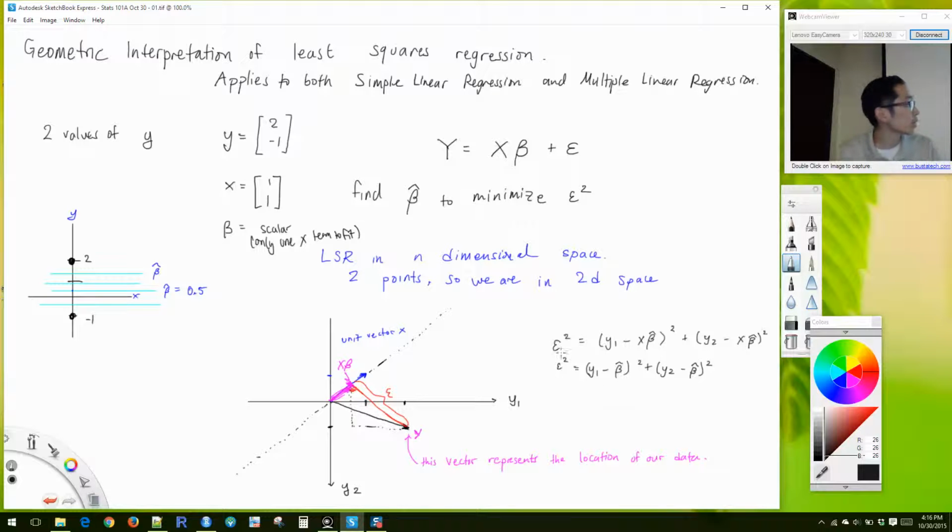Okay, and so to minimize our squared residual, I'm going to flip to the next slide. Is that okay? So to minimize the squared residual, we're going to just take the derivative of this, set it equal to 0, and find what value of beta hat makes it 0.